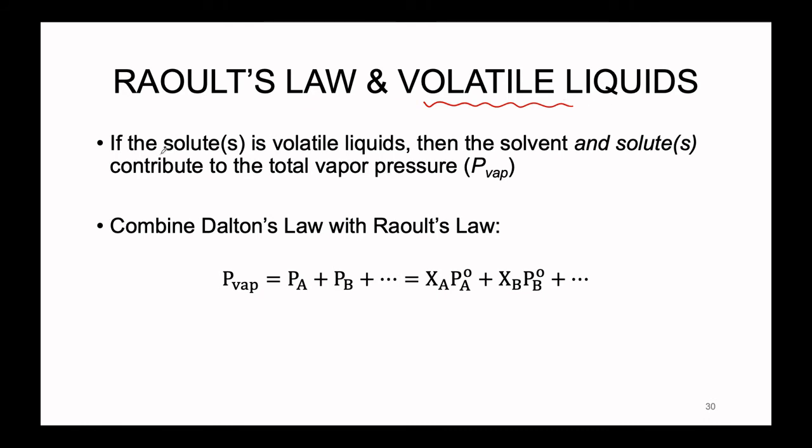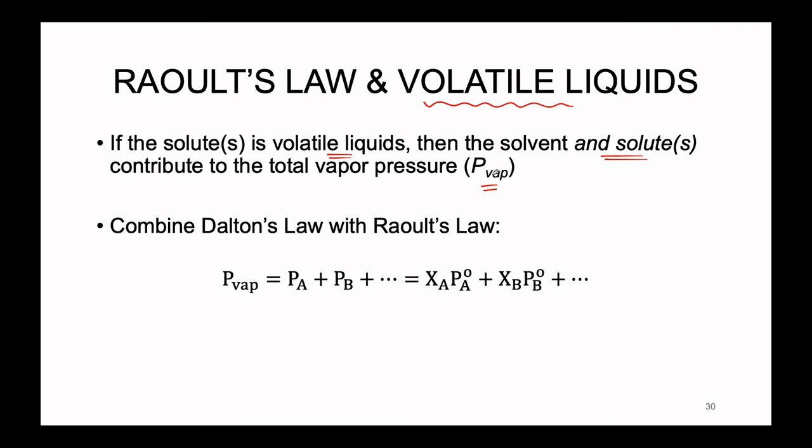So if your solute is a volatile liquid, or if you have multiple solutes that happen to be volatile liquids, then the solvent and the solute are going to contribute to your total vapor pressure, which I'm still going to represent here with a P sub vap.